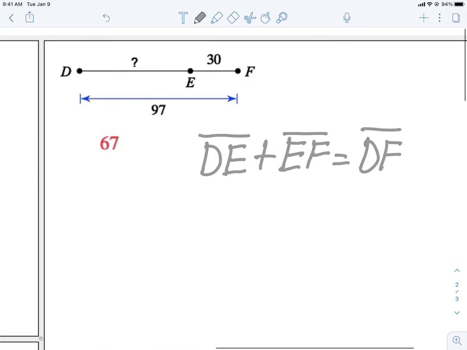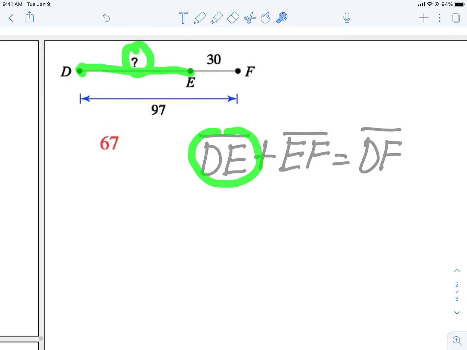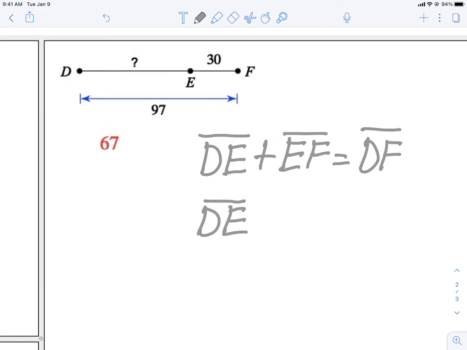So now let's substitute. What do we know? Well, our D to E, we don't know what it is. So let's leave it as D to E, segment DE, plus segment E to F. Well, E to F is 30.